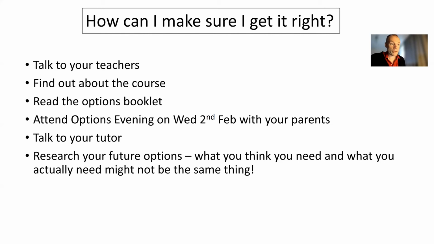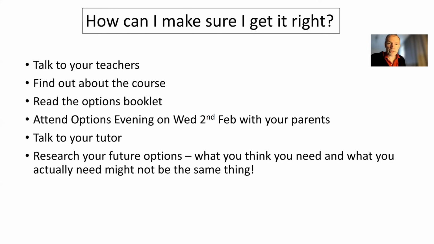Find out more about the course and how the course links to what you want to do next. And it might not. You might just fancy doing it. If you're thinking, I'm going to do maths, physics, and chemistry A levels, what you choose for your options is slightly less relevant than your maths, physics, and chemistry. So then you're picking for getting a high grade and for enjoying it.